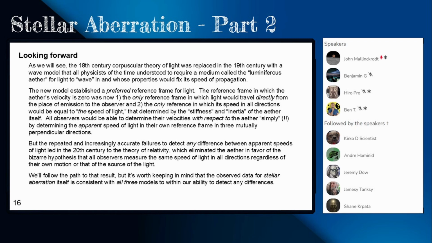So it'll be replaced by this wave model, and the cost of that is that we now have to have a wave. All physicists understood that there had to be a medium. We now talk in a historically revisionist way about physicists having this big battle about whether or not there was an ether. There was no battle about whether the ether existed. It had to exist.